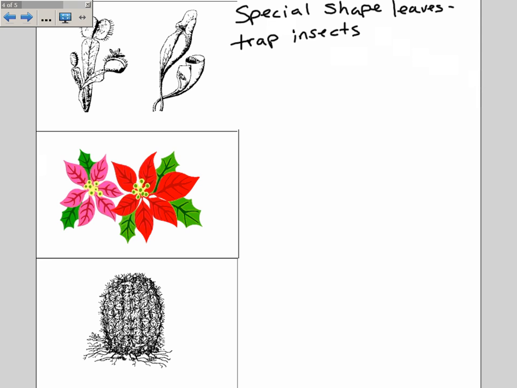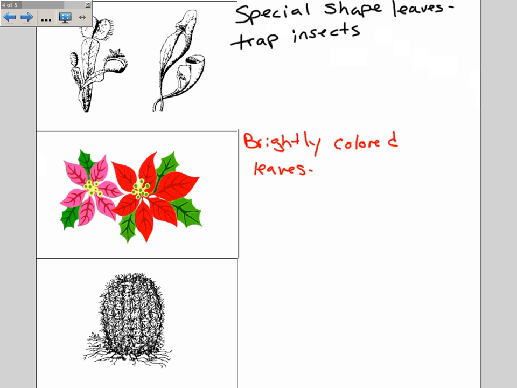Insects are going to go to this brightly colored leaf, and when they do, they're going to rub up against all the pistil and the stamen of the flower and get pollen all on it, and fly over to the next flower and rub up all over that and drop some pollen in the next flower. And so that's how we get more flowers.